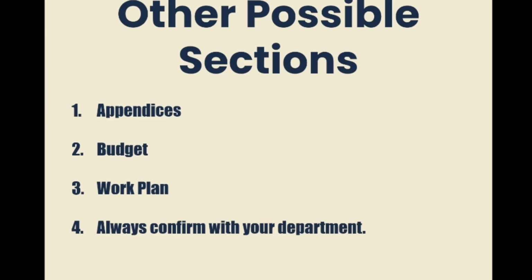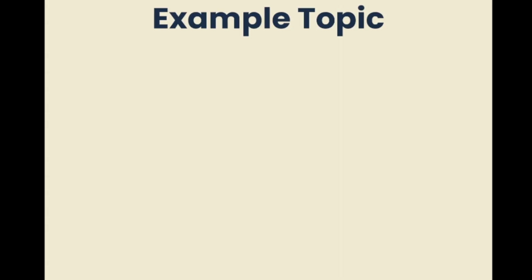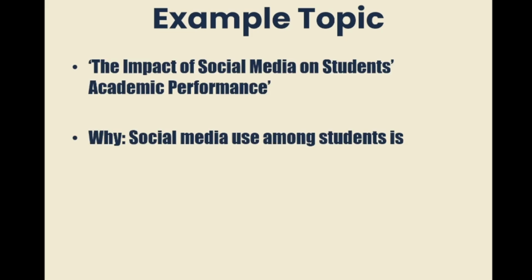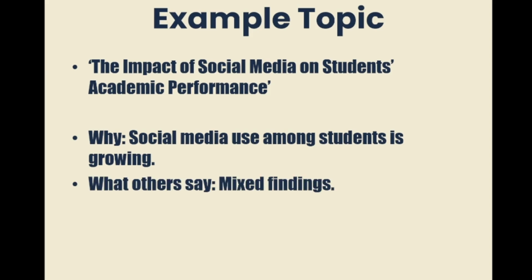Okay, now let's look at a quick example. Let's say your topic is the impact of social media on students' academic performance. So why this topic? Because social media use among students continues to grow rapidly. It's now part of everyday academic and social life. What do others say? Existing studies have produced mixed findings. Some suggest social media helps students collaborate and learn, while others say it causes distraction and lowers academic focus.